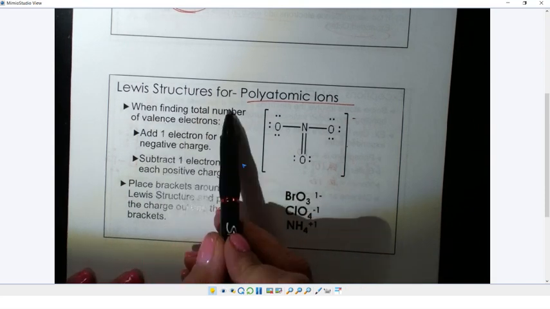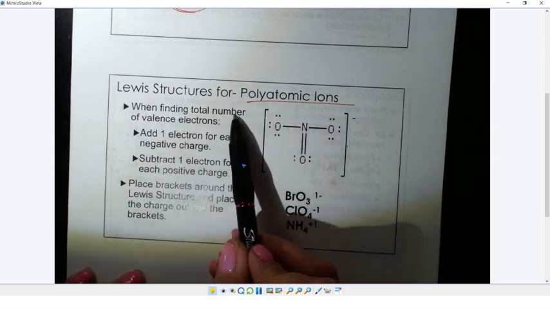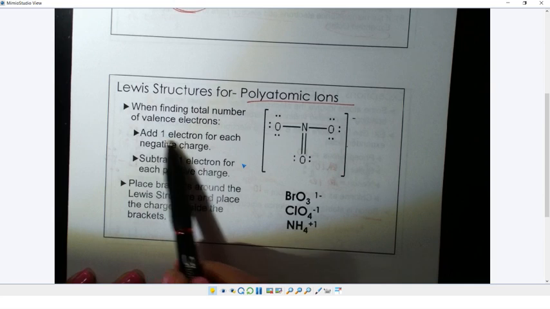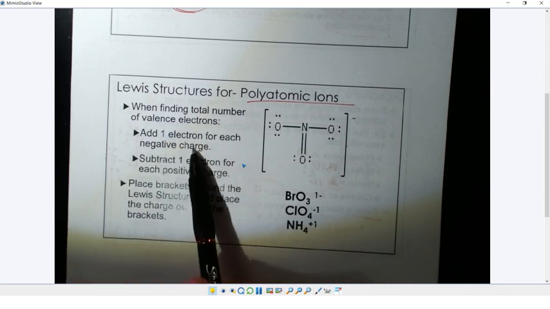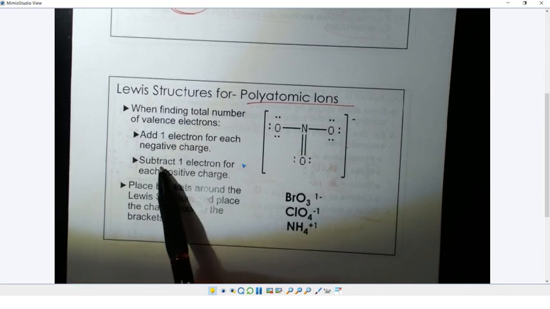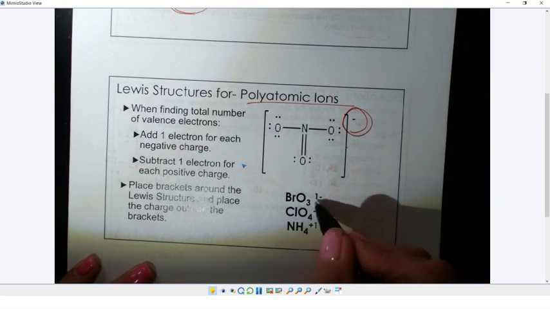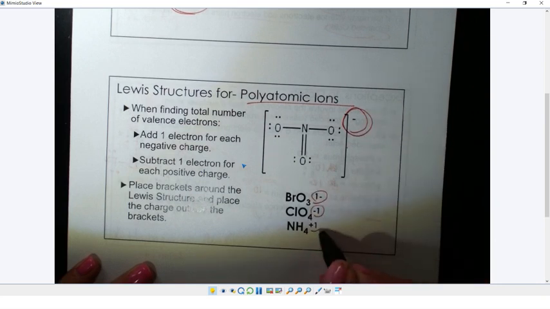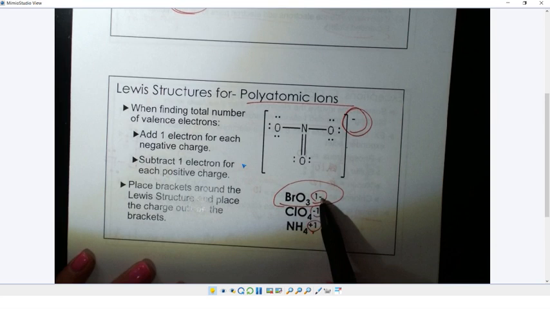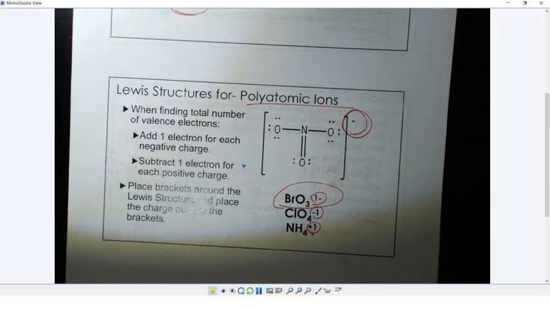So when finding the total number of valence electrons for polyatomic ions, we're going to add 1 electron for each negative charge present. Or we will subtract 1 electron for each positive charge. This is the charge I'm talking about. Okay? Or this is the charge I'm talking about right here. So if I was doing the Lewis structure for bromate, since I have a -1 charge, I'm going to add 1 electron to my total number of valence electrons.